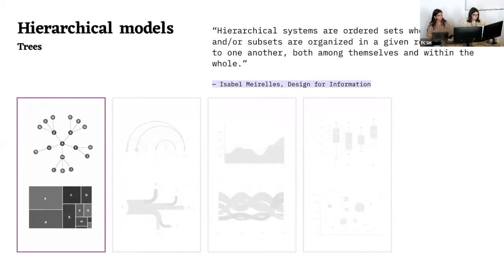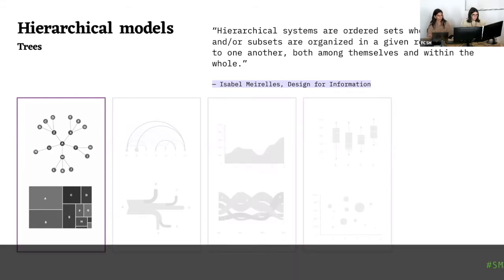So the first one is the hierarchical models. Hierarchical systems are ordered sets where elements are organized in a given relationship. Some examples of hierarchical models could be Dendrogram, as we see later, and treemap.